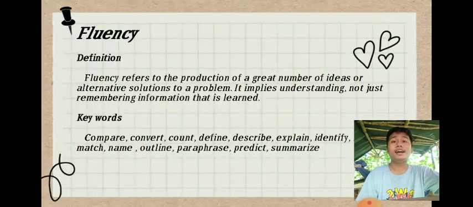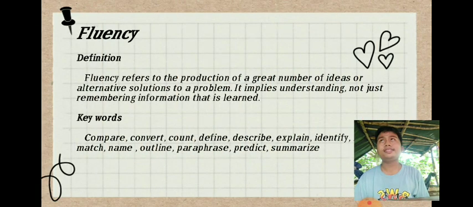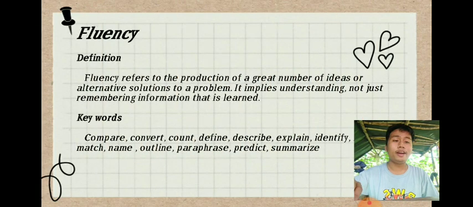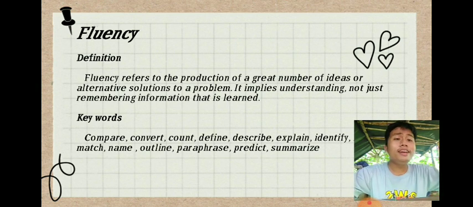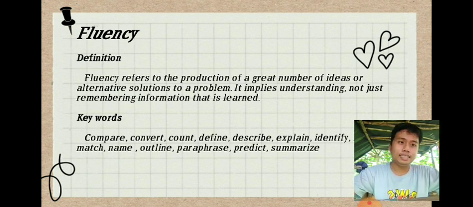Next is fluency, a subtopic of the Torrance Creative Thinking Framework. It refers to the production of a great number of ideas or alternative solutions to a problem. It implies understanding, not just remembering information that is learned.